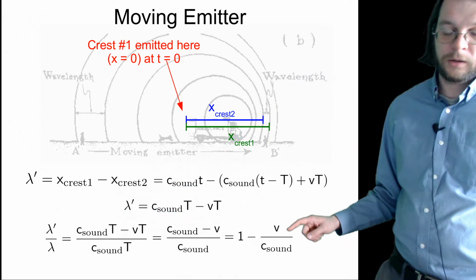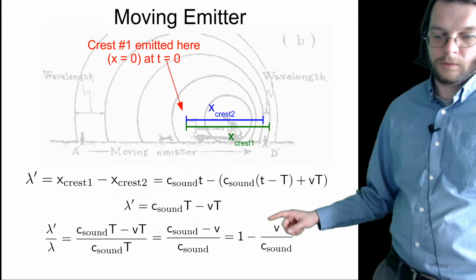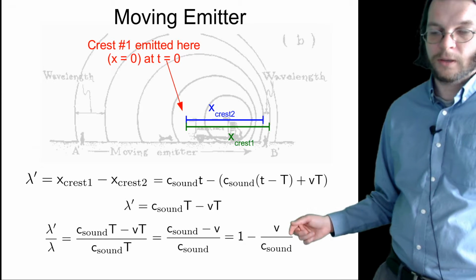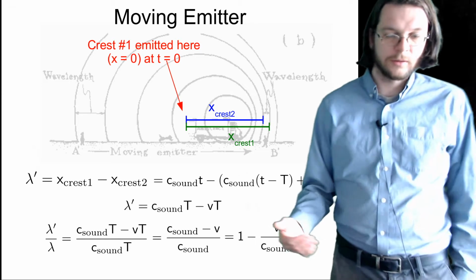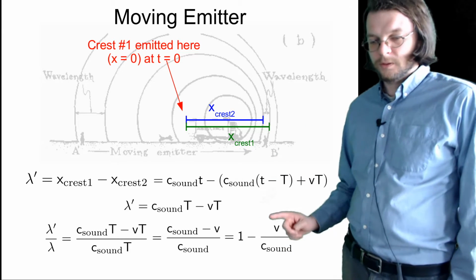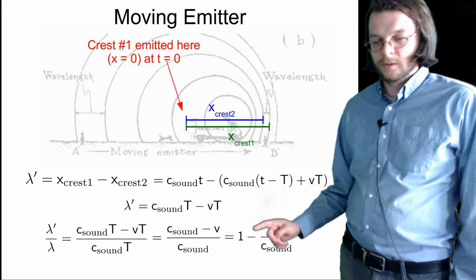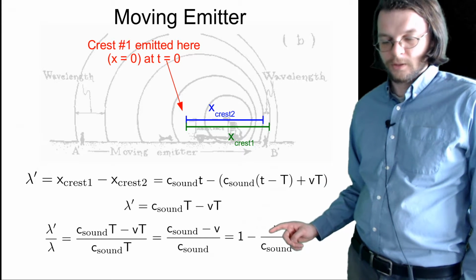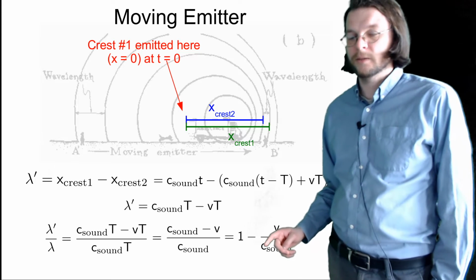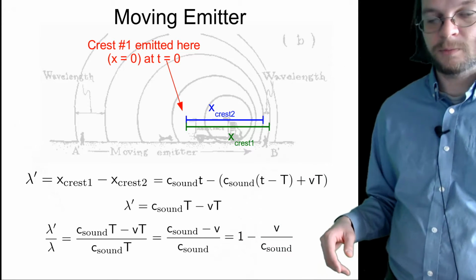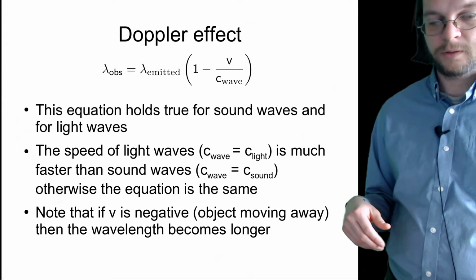And the v here assumes that the velocity is positive, and basically it's assuming that a positive velocity is an ambulance that's moving towards you. And so because this is overall slightly positive, 1 minus a slightly positive thing is going to be less than 1, and so our wavelength is going to be a little bit smaller because the ambulance is moving towards us.